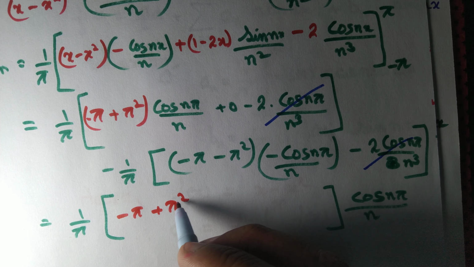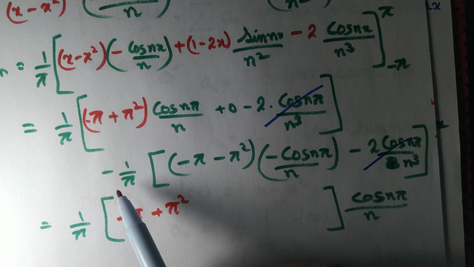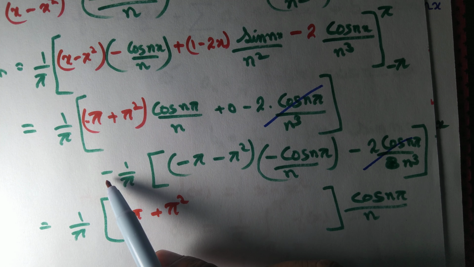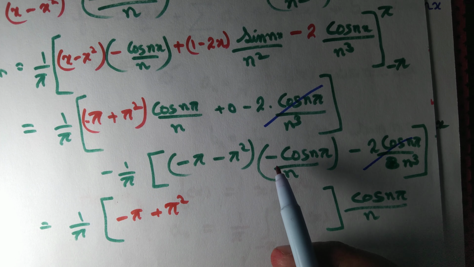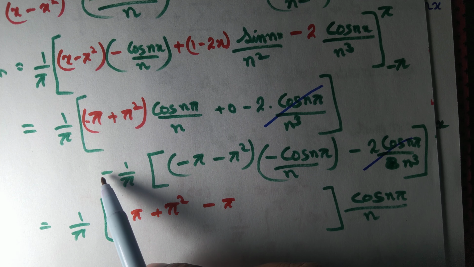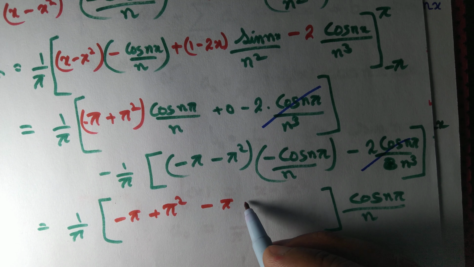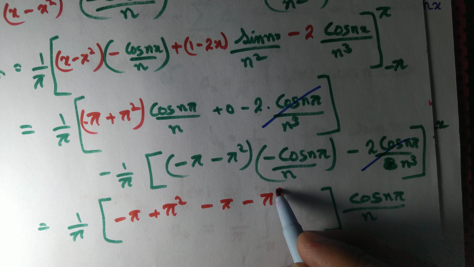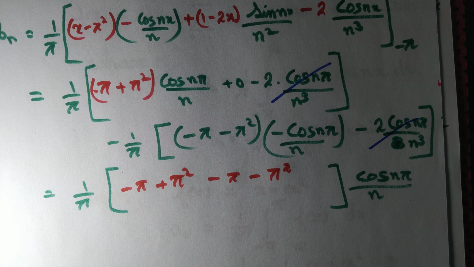plus pi square. Here you have minus 1 here, minus into minus plus, again minus, so minus pi, and then again minus minus plus, so minus pi square. We can cancel pi square out.